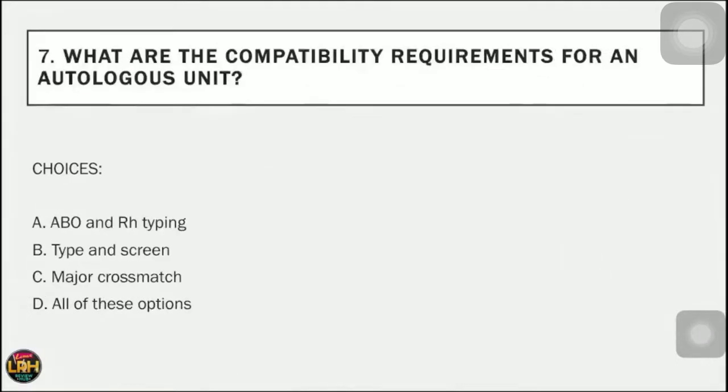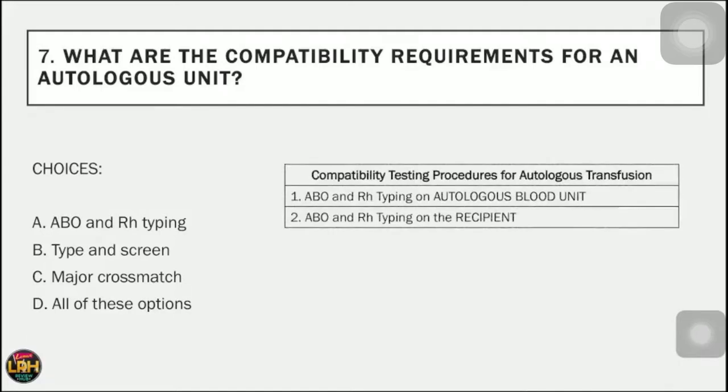For number 7, what are the compatibility requirements for an autologous unit? Choices are letter A, ABO and RH typing, letter B, type and screening, letter C, major cross-match, or letter D, all of these options. For autologous blood donation or transfusion, there are certain tests to be performed prior to the actual transfusion.